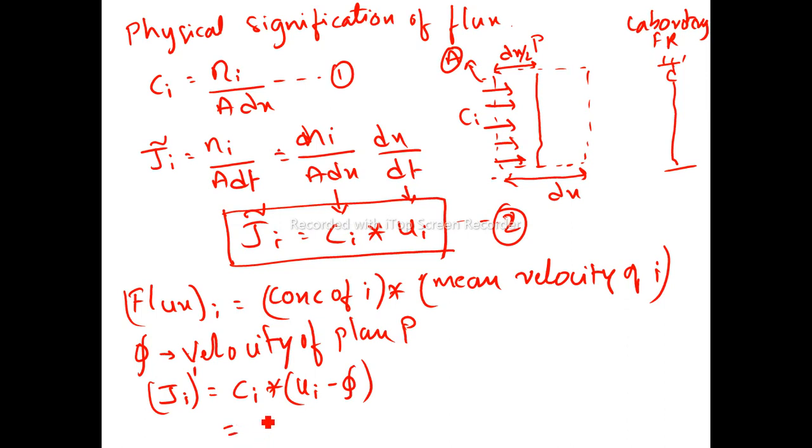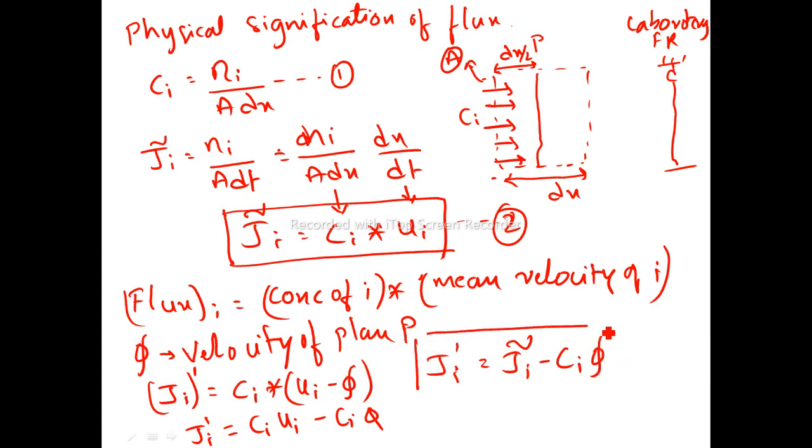Then multiplying, we get Ci into Ui minus Ci into psi. That means Ji dash is given as Ji tilde minus Ci into psi. This is the final equation when the frame of reference is moving.